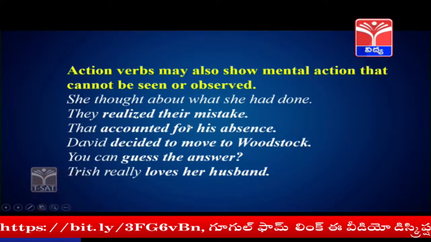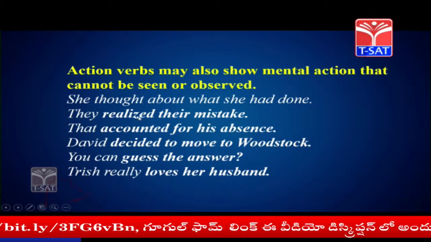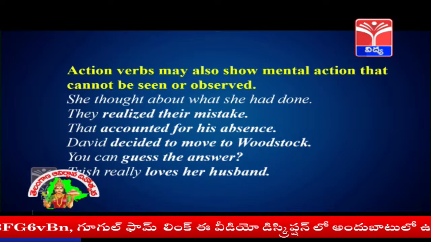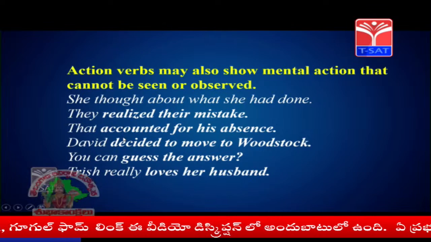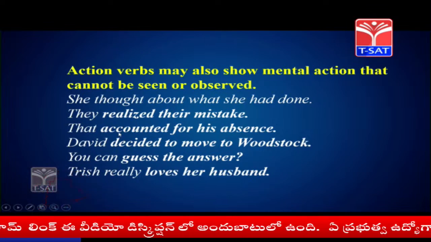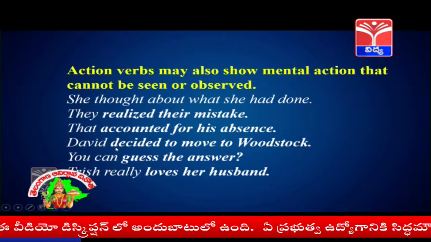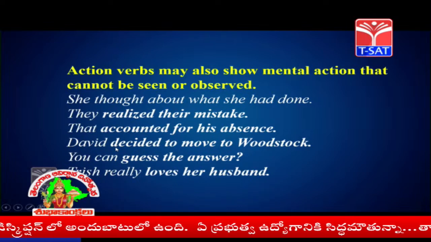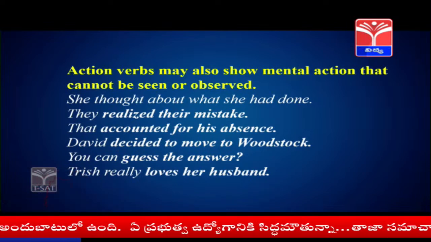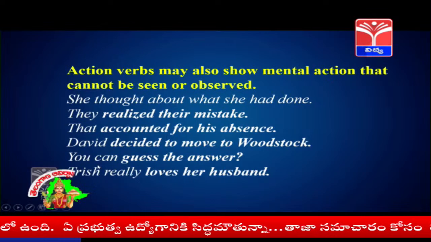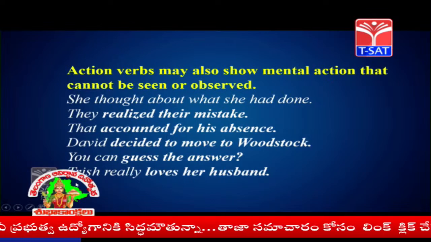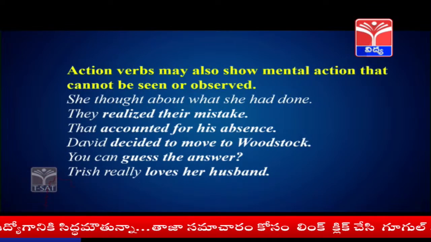They realized their mistake. Realized, we cannot see, we cannot observe. That accounted for his absence. Accounted, we cannot see or observe. David decided to move to Woodstock. Decided, we cannot see or observe it. You can guess the answer. Trish really loves her husband, something like this.